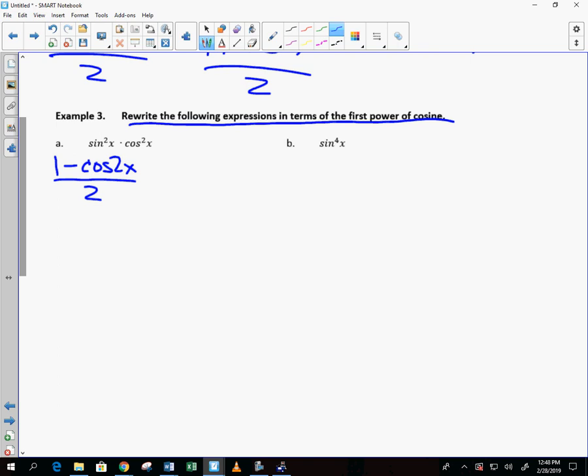Get rid of the squared and make it cosine, times, what do I have to put in place of cosine squared? (1 plus cosine of 2x) over 2. Hey, they're conjugates, aren't they? It's awesome because when we multiply conjugates, what happens? The middle goes away, right? So let's multiply. 1 times 1?